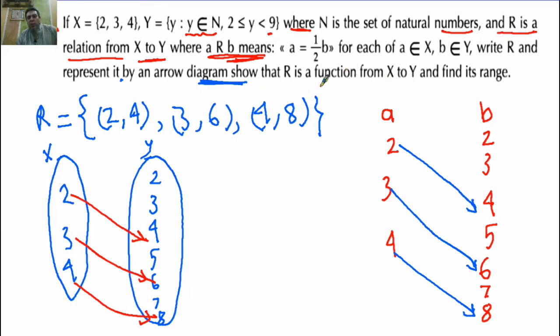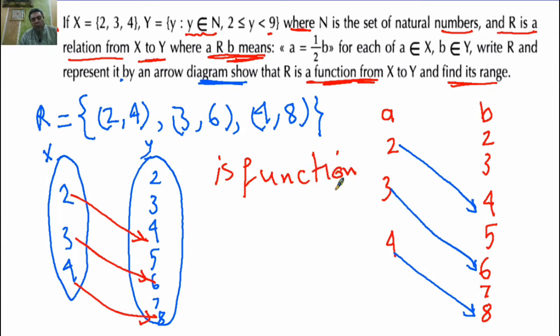The question here is: R is a function from x to y. Find its range. This relation is a function. Why is this relation a function?